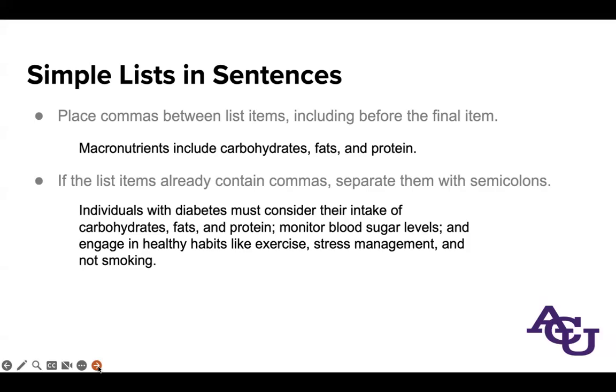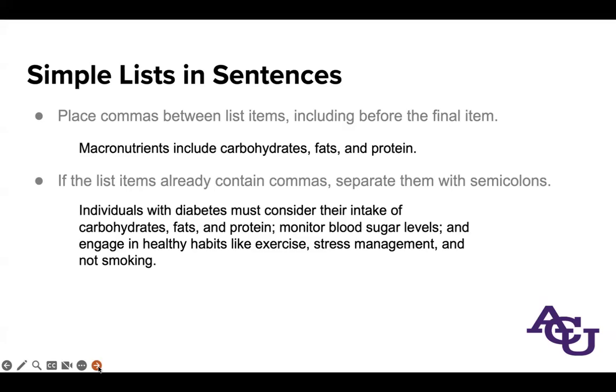The reason we have semicolons between the 3 list items here, the verb and object sets, is to help the reader understand where each one begins and where each one ends. You can see that the first set already has commas between carbohydrates, fats, and protein. And the last set also has commas in it already as well between exercise, stress management, and not smoking.